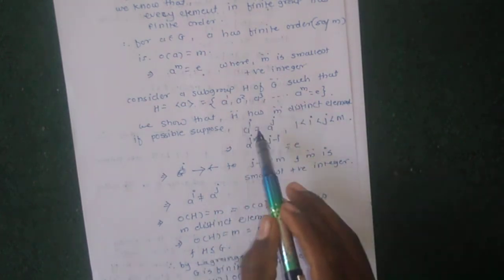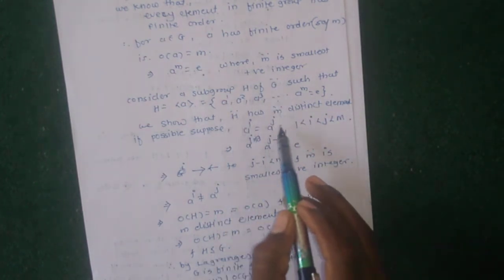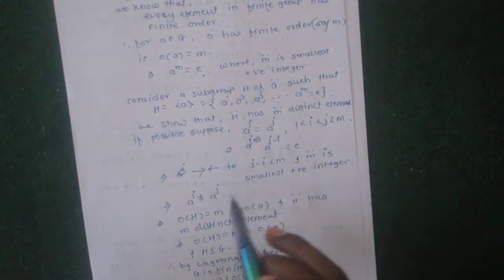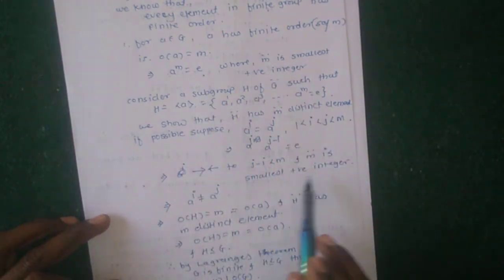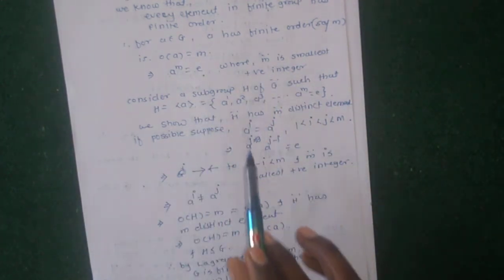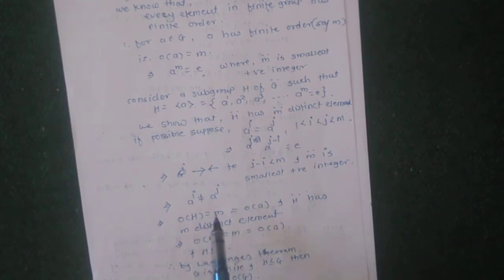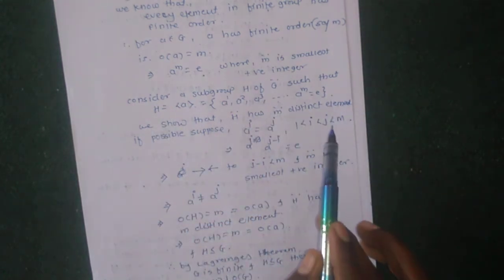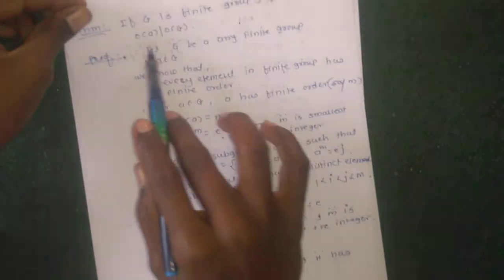Suppose on the contrary that some elements are repeated, which contradicts m being the smallest positive integer, so the elements are distinct. Then H and a have the same order. By Lagrange's theorem, the order of H divides the order of G, and the order of H equals the order of a, which implies that the order of a divides the order of G. This is the proof of this theorem.